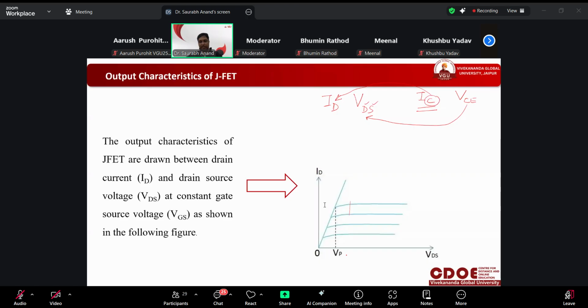We are increasing the VDS continuously and getting the ID. At this we are getting this, at this it is here, at this it is here. So this is the output characteristics.